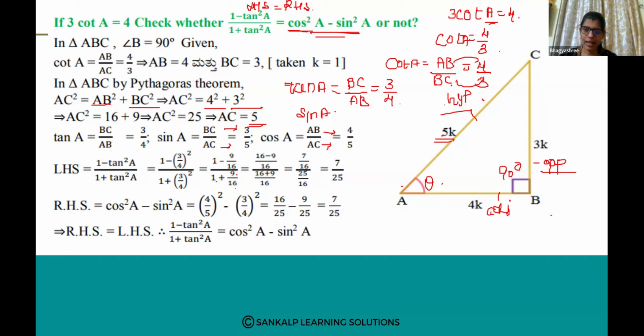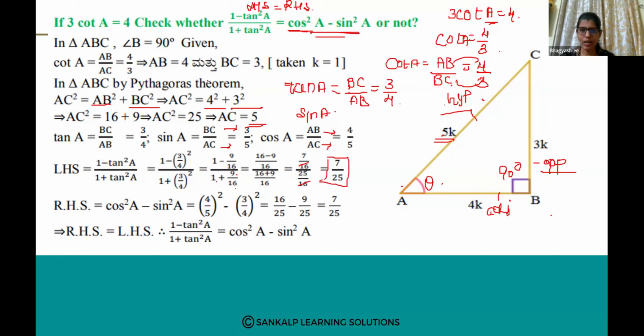Again, do cross multiplication: 16 minus 9 divided by 16, divided by 16 plus 9 divided by 16. So 16 and 16 will get cancelled. 7 by 25. Remember, our LHS answer is 7 by 25.